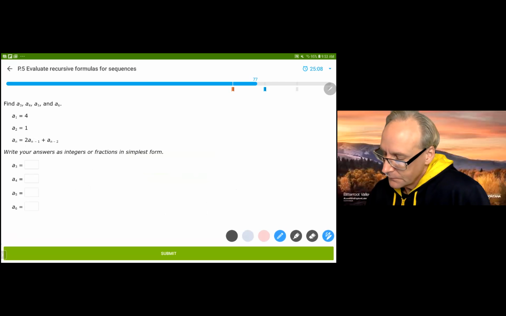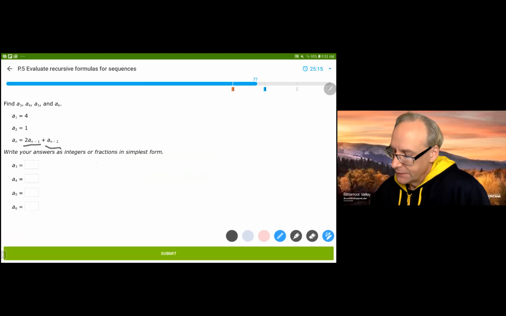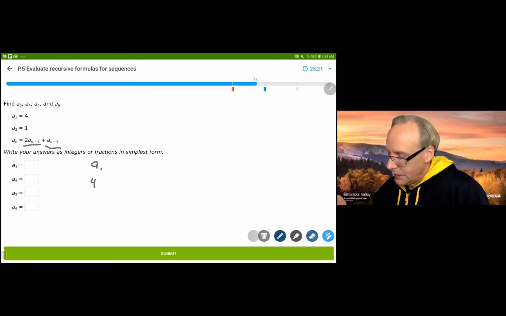All right. This time we're going to double the last one and add the one before that. So A1 is 4. I'm going to put it down here. A2 is 1. And A3, we're going to double this one times 2, and we're going to add that one. So we've got 2 plus 4 is 6. And to get to A4, we're going to double this one.